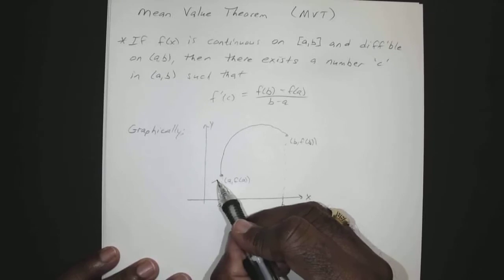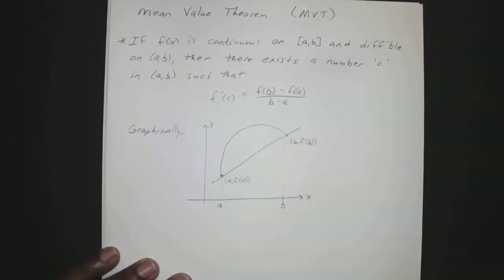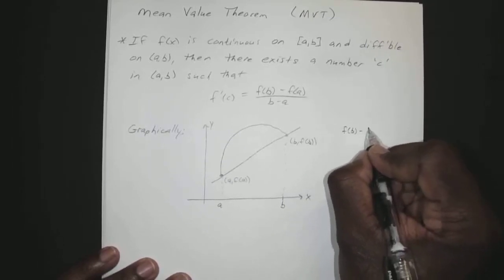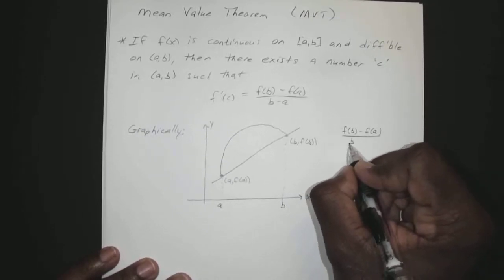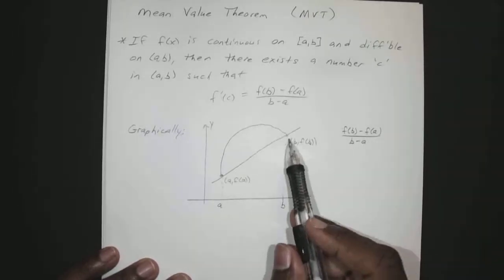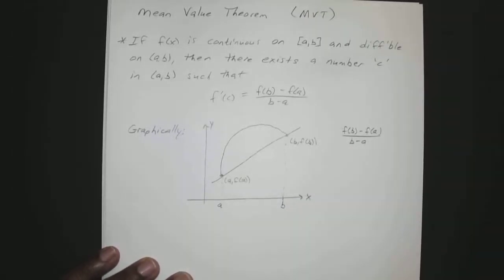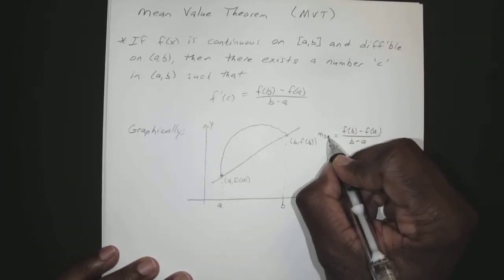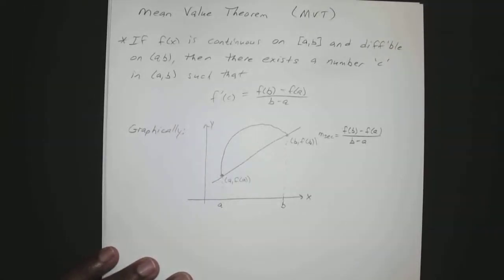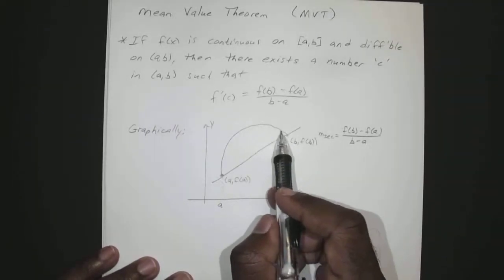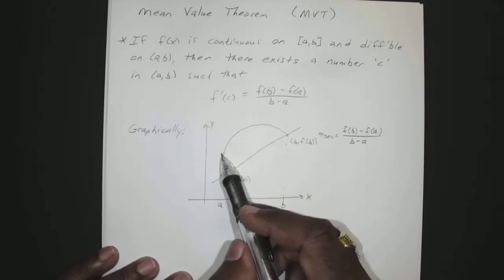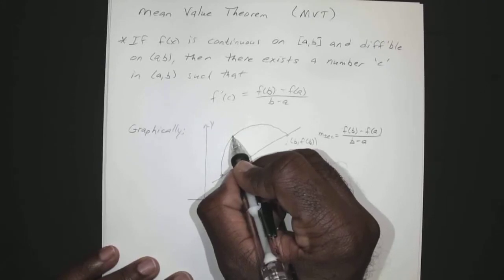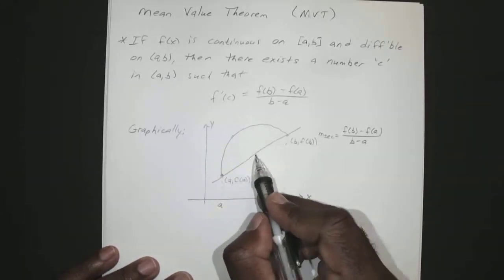So if we wanted to find the slope between those two points, we just use our f of B minus f of A all over B minus A, or y2 minus y1 over x2 minus x1. And if you remember, that is just the slope of the secant line. So they're saying that somewhere in between there's a point where if you pick that value of C, that slope is exactly the same as this one.